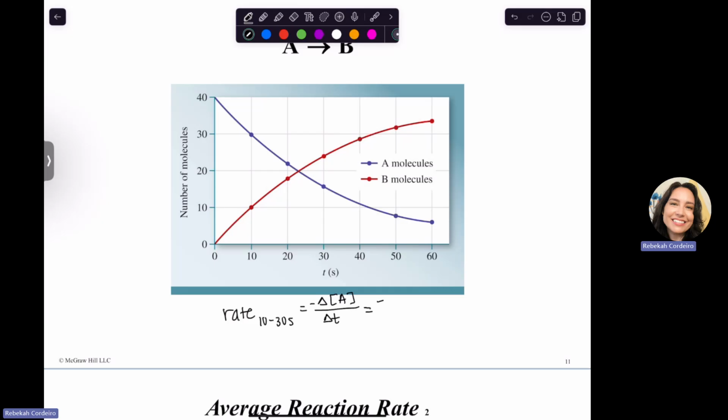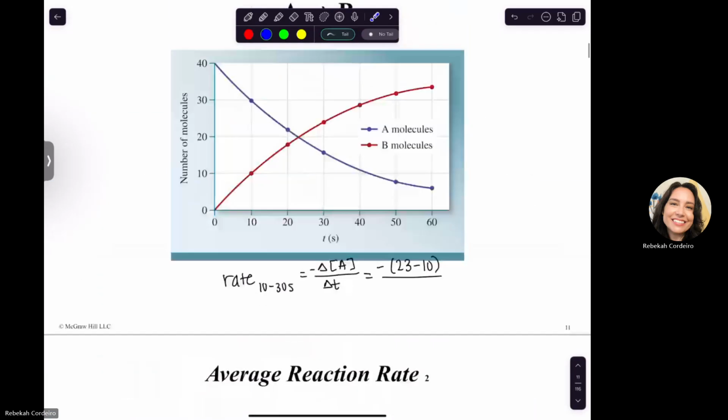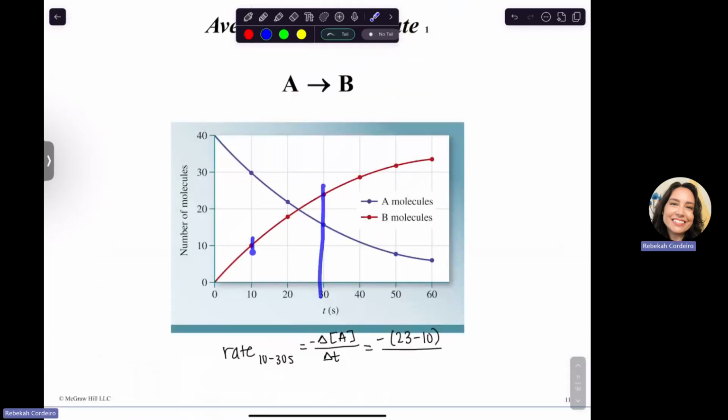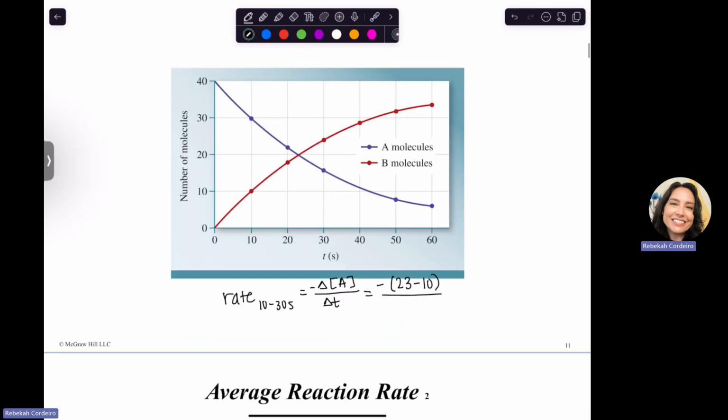So the change in concentration of A between 10 and 30, I know it's not molar necessarily, is from 10 molecules to 23 molecules. So 23 molecules minus 10 molecules over the change in time, which is 30 minus 10. So it's literally rise over run, final minus initial.